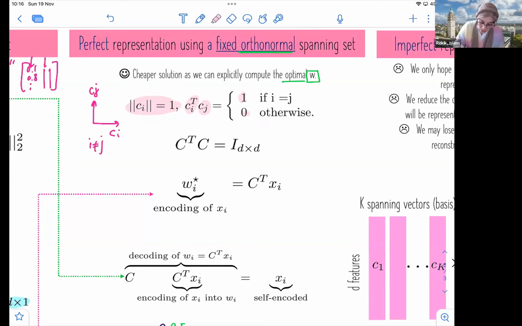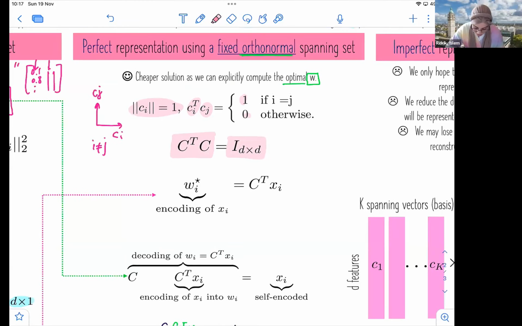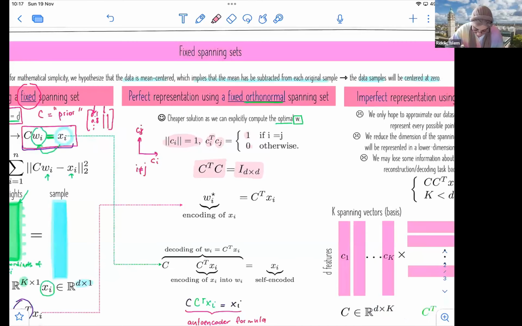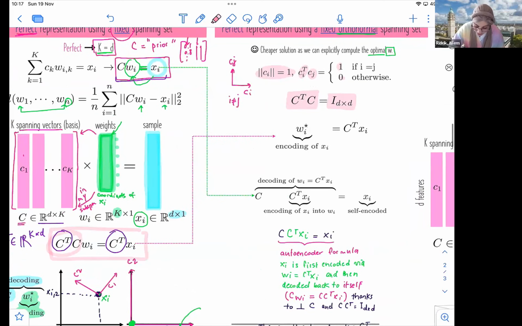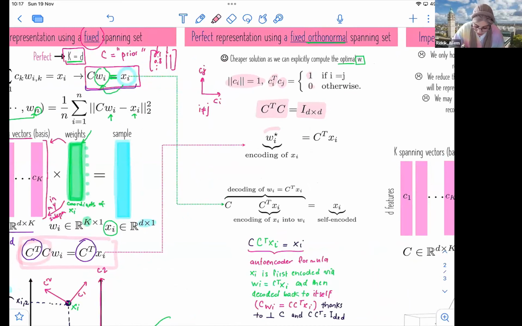So when you have an orthonormal basis or spanning vector matrix, this is how we define an orthogonal matrix: the basis of the matrix is orthogonal when you have C transpose C equal to the identity matrix, D times D. So if we take this equation and replace C transpose C by identity, we get a beautiful expression of our optimal Wi star.